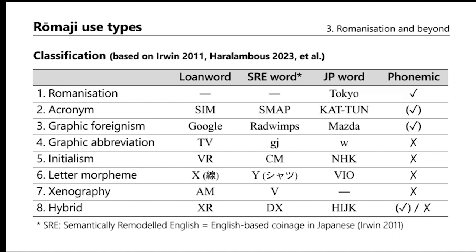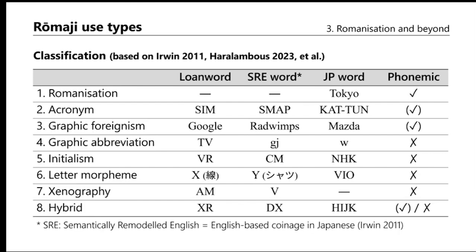That's a good point. Yes, some of these words from other languages are definitely written in katakana today. For example, terebi, TV, is usually written in katakana, but for abbreviation, it is often written in Rōmaji, especially if you have limited space for printing, like in newspapers, for example.